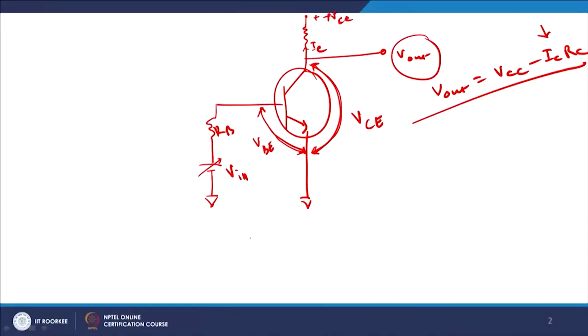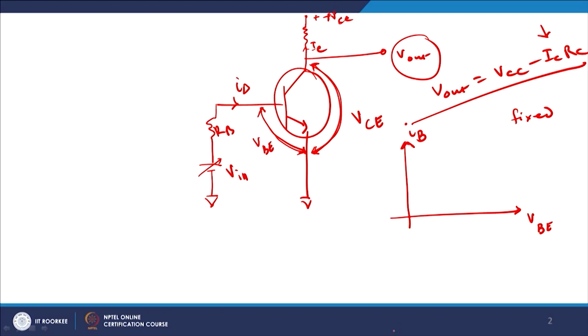Quite interestingly, let me also show you if I want to plot IB versus VBE, this is also known as the input characteristics. So, base current IB versus VBE, for a fixed value of VCE. So, my VCE is fixed, I vary VBE and try to take the value of IB.